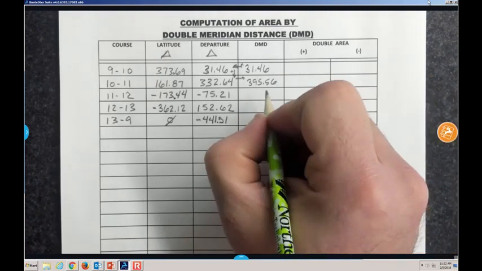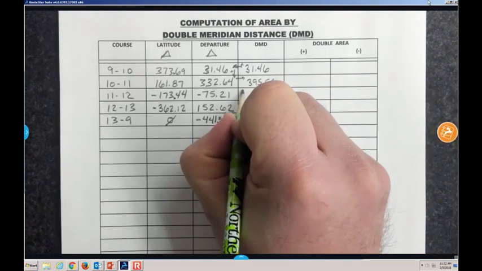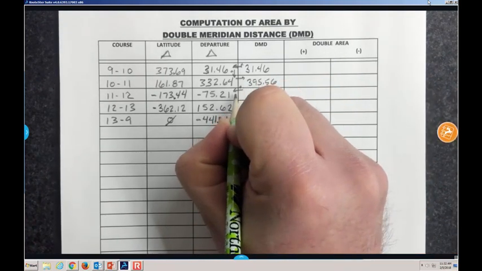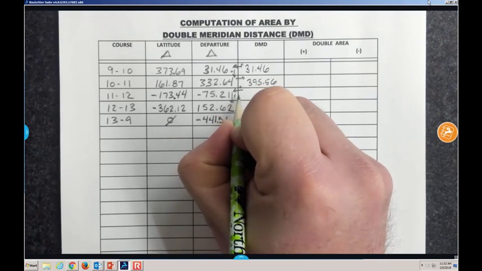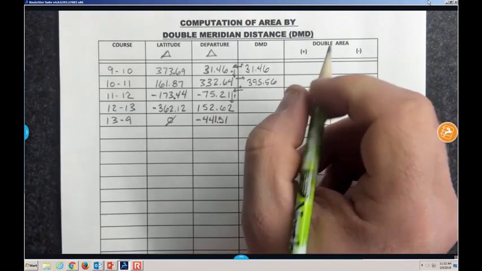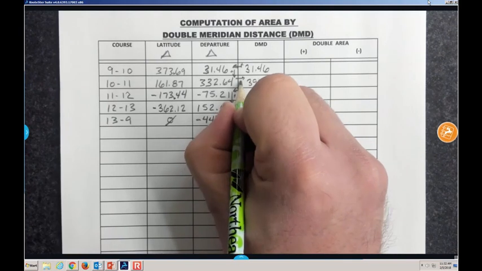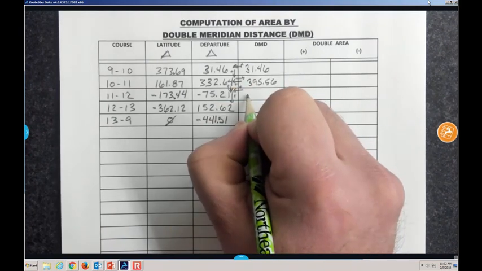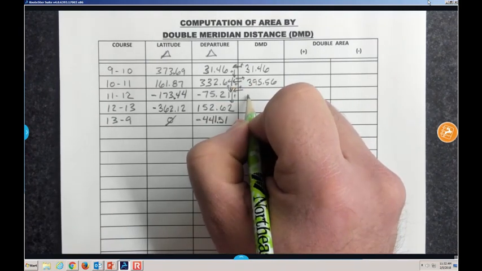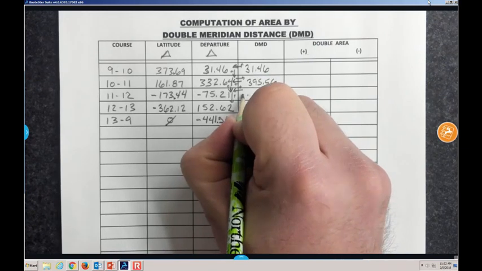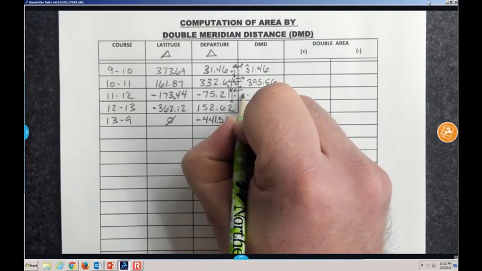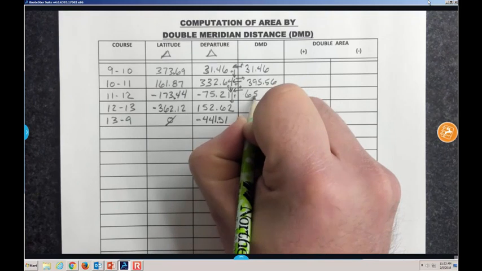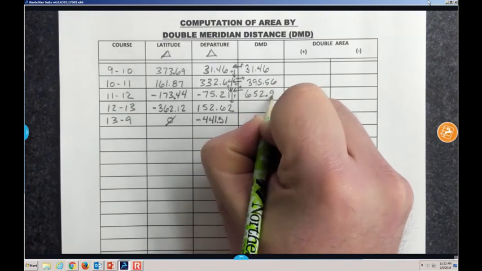Then we're going to add. What is our DMD here? 652.99.